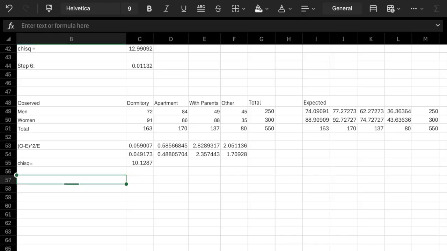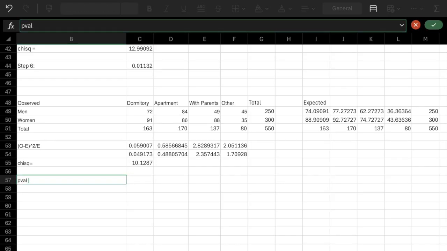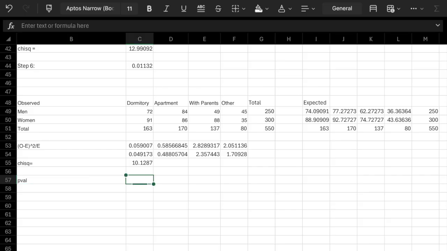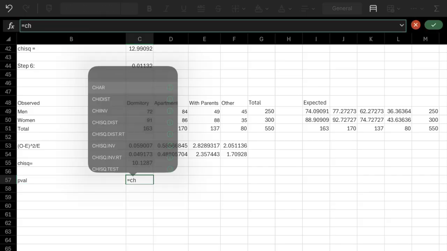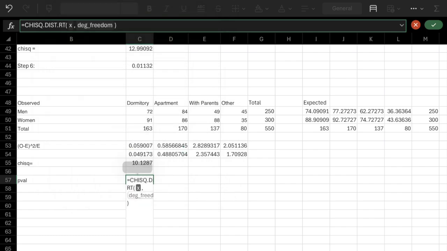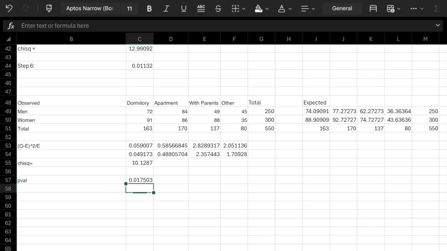10.1287. And now my p-value, this is step 6 we're getting into here. It's going to equal chi squared, as always, chi squared dot dist dot rt. Put in my test statistic. What's my degrees of freedom? It's number of columns minus 1. So that's going to be 3. Enter.